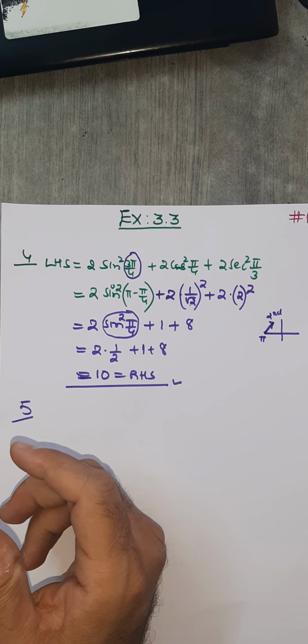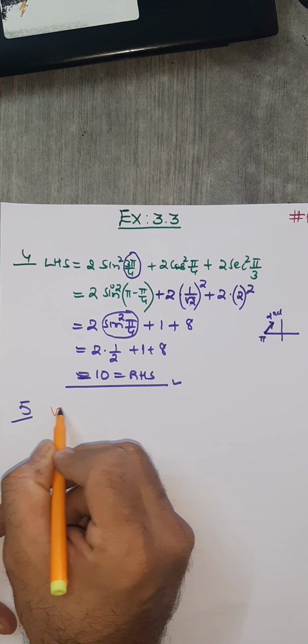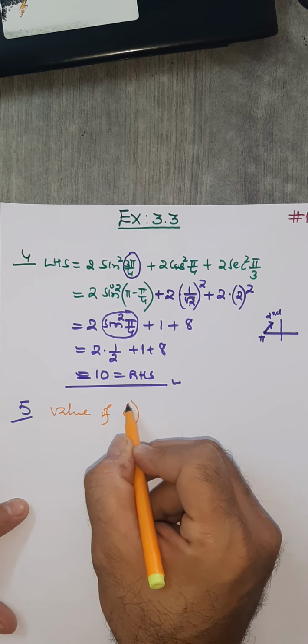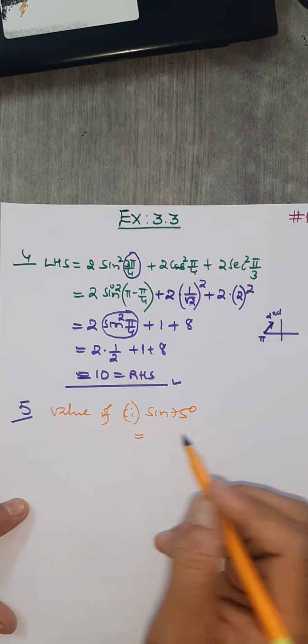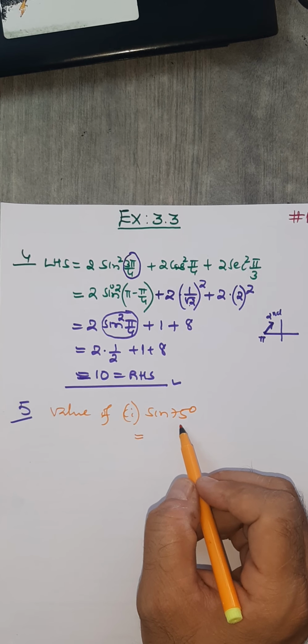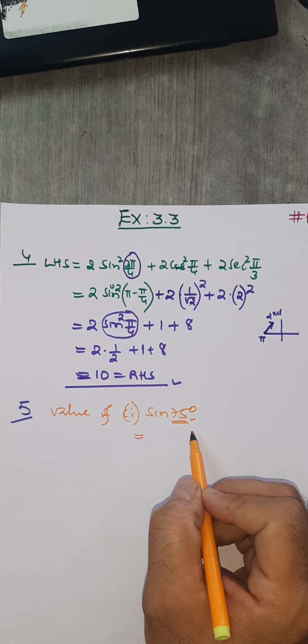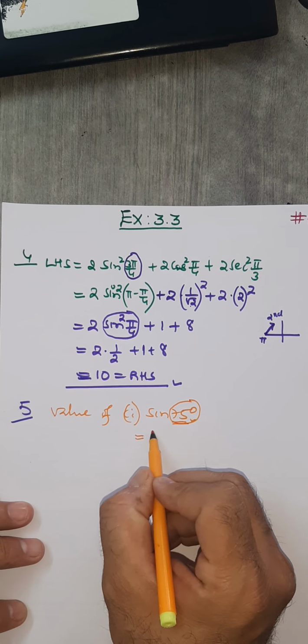There you are asked for the value of, first one, sine 75. So how will you do it? Very easily here. Your 75 is not a standard value, so you can express 75 in the form of two standard values.